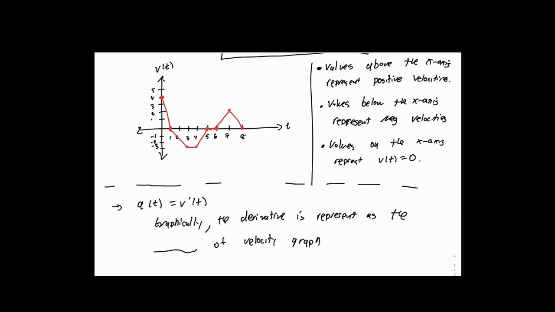Sorry, I said the derivative. I'll leave it as derivative of the graph. So what is the derivative? What is another meaning for the derivative? How can we find a derivative by looking at a graph? What is the derivative? Anybody? It's a slope. It is the slope. Perfect.